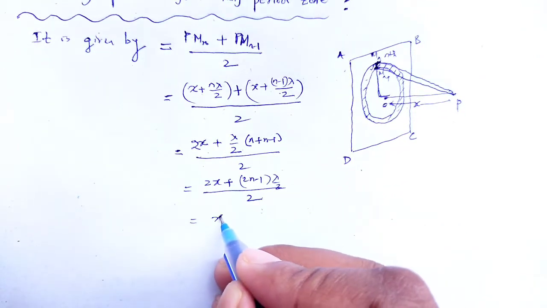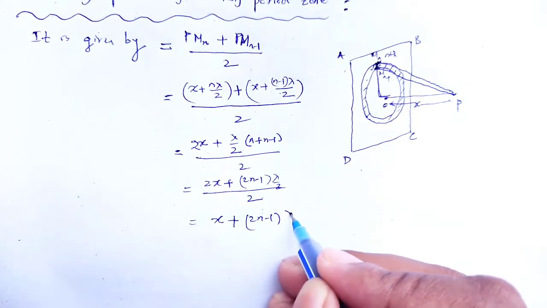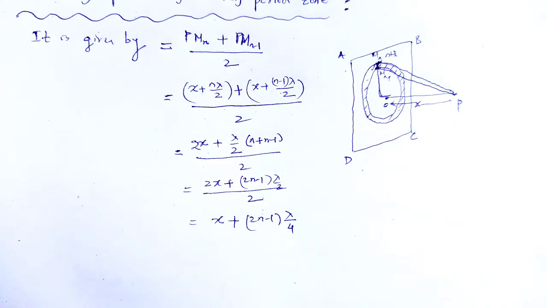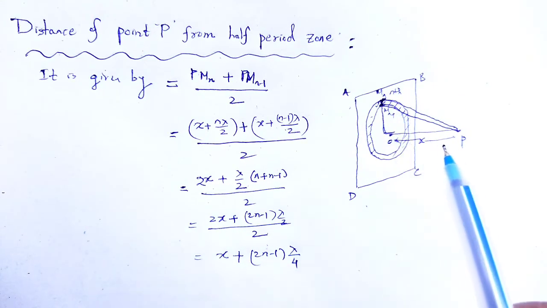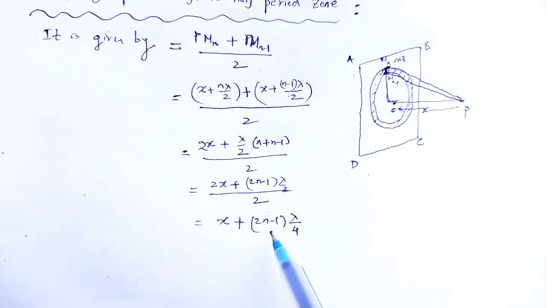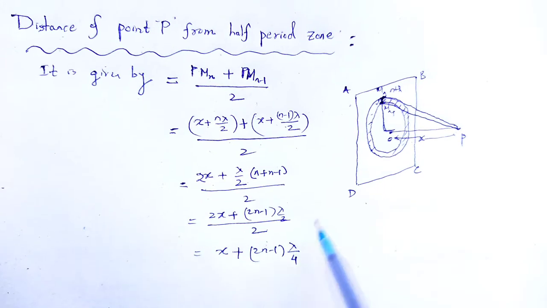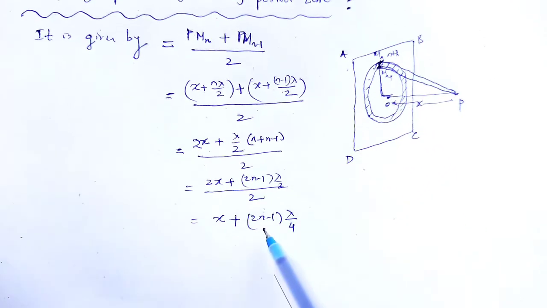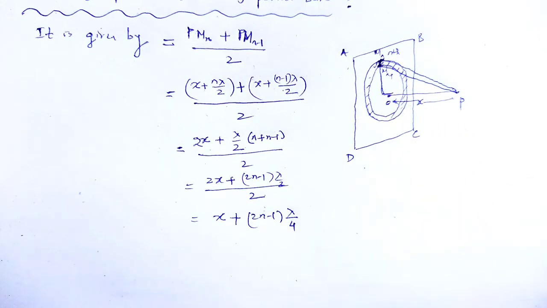So 2 cancels out, here x plus (2n minus 1) lambda by 4, that is the distance of point P from nth half period zone. Similarly, putting the values of n, we can calculate each half period zone is situated at what distance from that of observation point P.